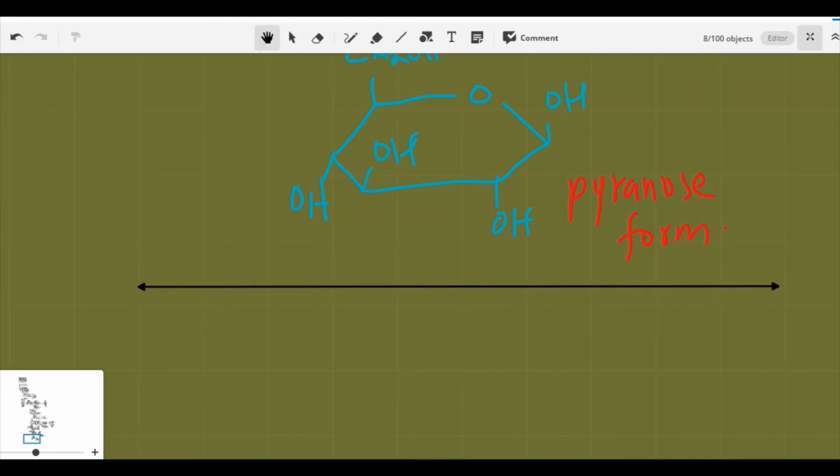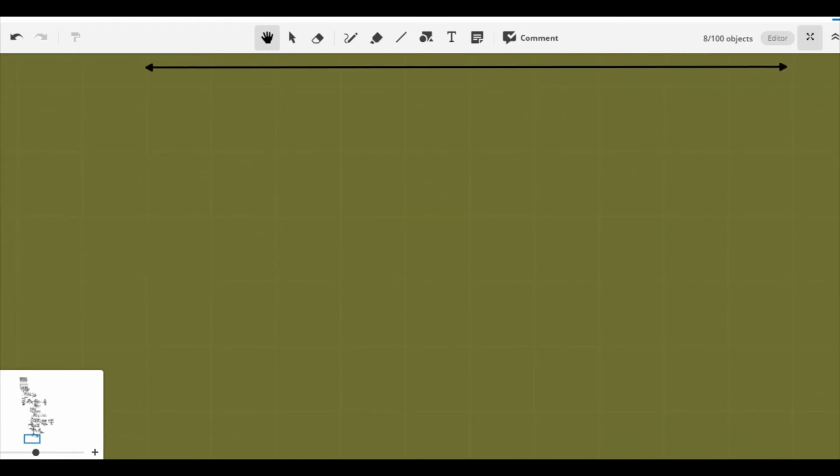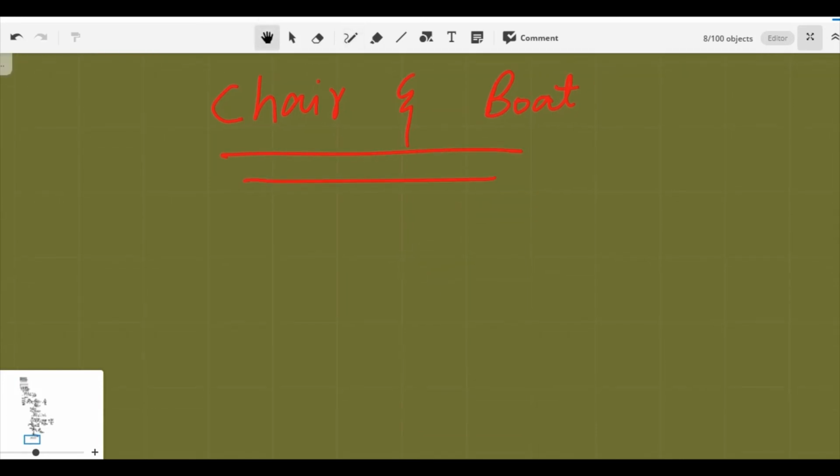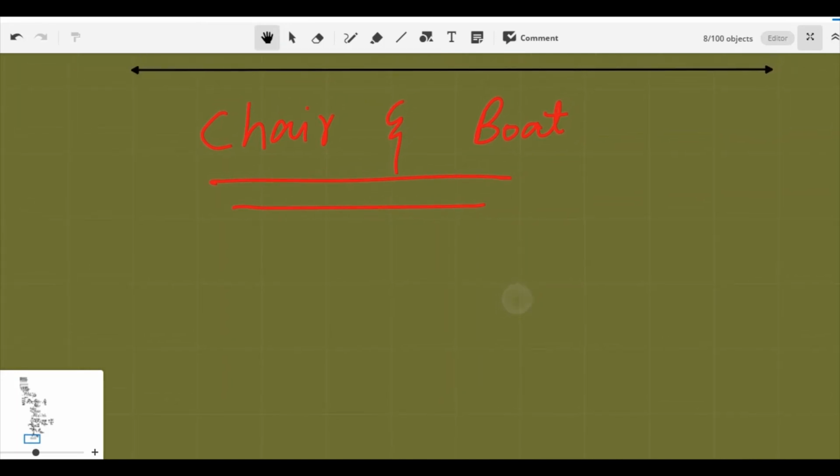So now we are going to discuss the next one, that is chair conformation and boat conformations. Remember, although Haworth's projections are convenient for displaying monosaccharide structure, they do not accurately portray the conformations of pyranose and furanose rings.